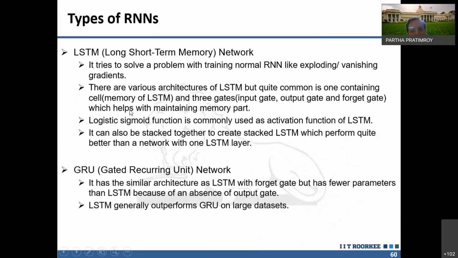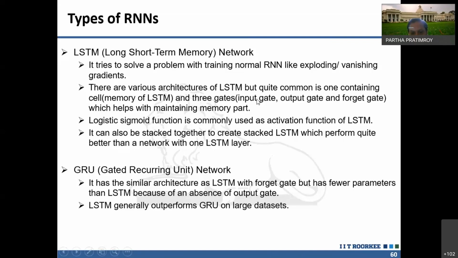Then the LSTM tries to solve the problem of exploding or vanishing gradients, which were not considered properly in RNN. These are handled using modifications in the cell, which uses 4 different gates.